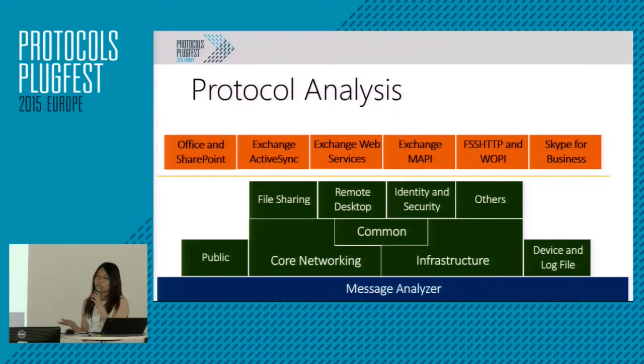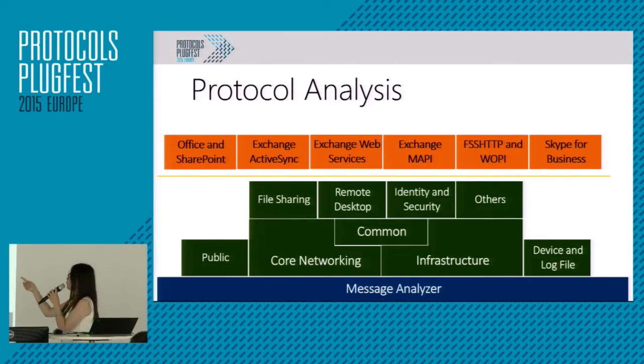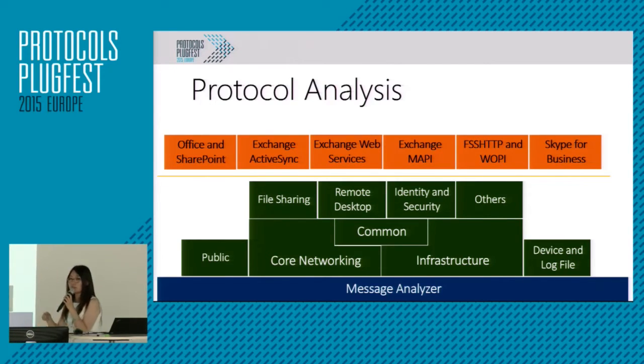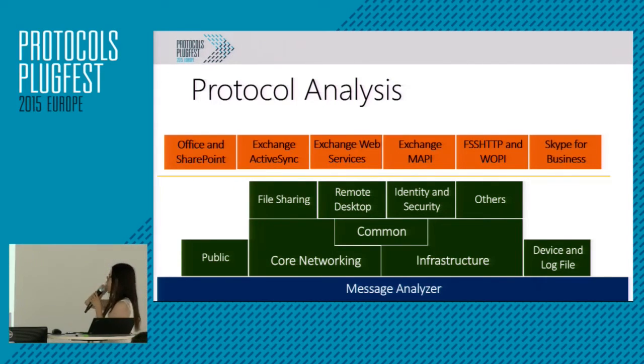Typically, you can use Word, edit the document and save it onto a SharePoint site, and that will trigger certain SharePoint traffic like the list WS and the famous file sharing FSS and WOPI messages. Another one is Exchange ActiveSync, which I just demoed. We also have Exchange Web Services, MAPI, FSS, and Skype for Business parser packages.